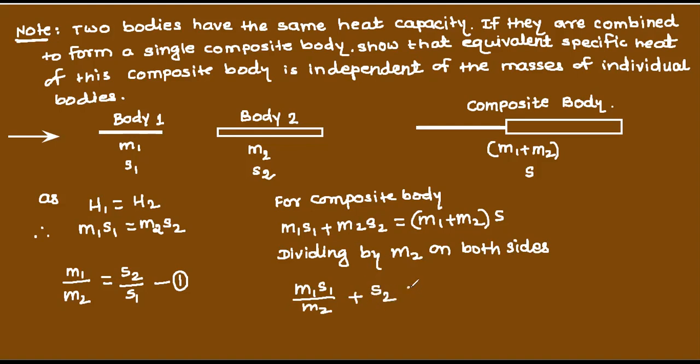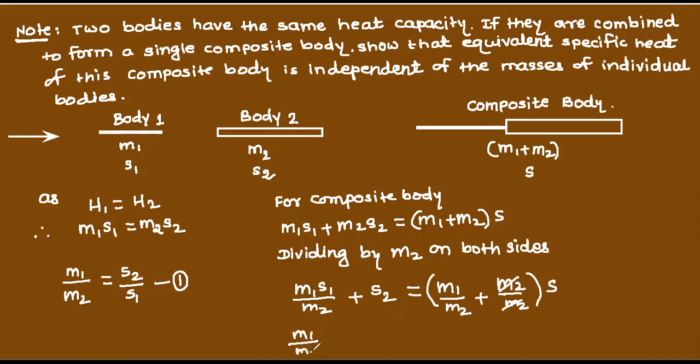M2 will get cancelled, is equal to, here also you see M1 by M2 plus this is M2 by M2 into, yes, here also it will get cancelled. Here I am not writing, right? Already M2 by M2 cancelled here, isn't it right? Yes. So now see here what I am getting.